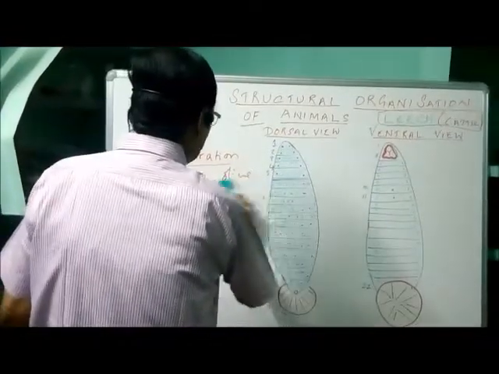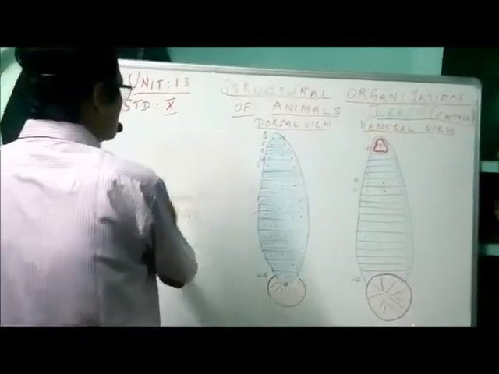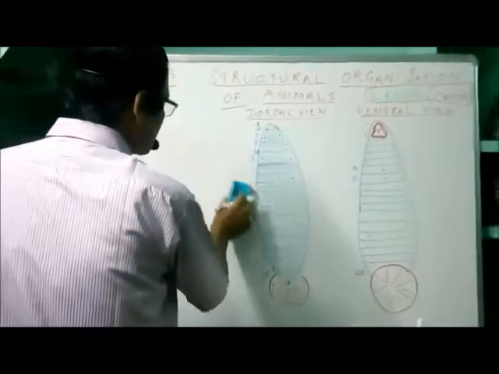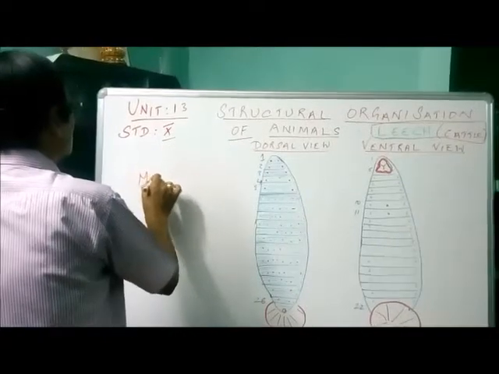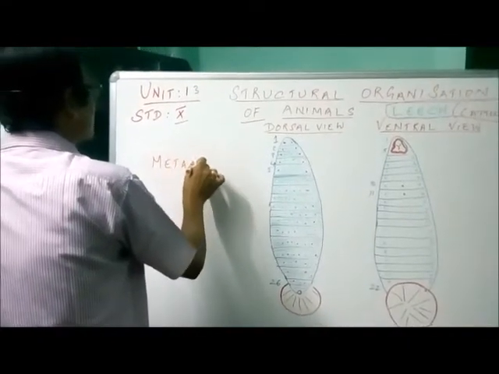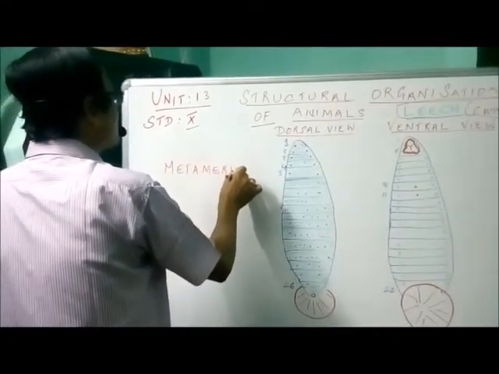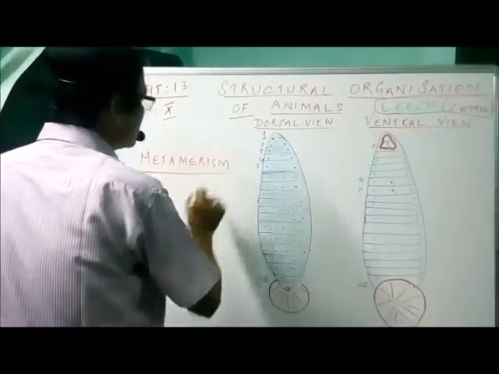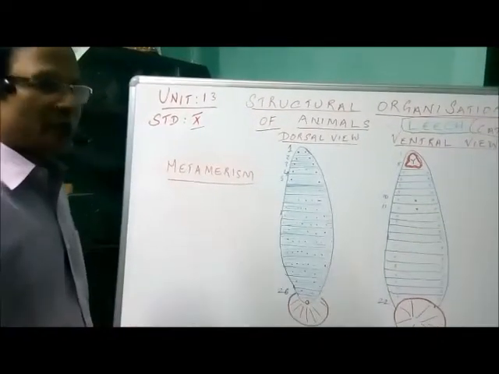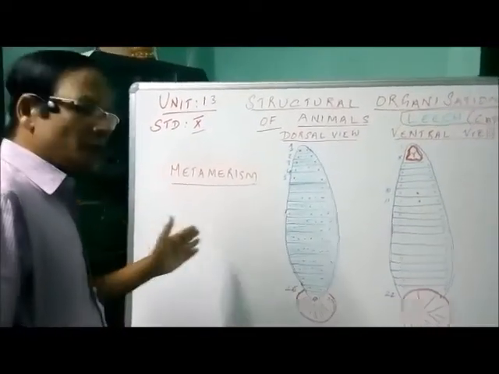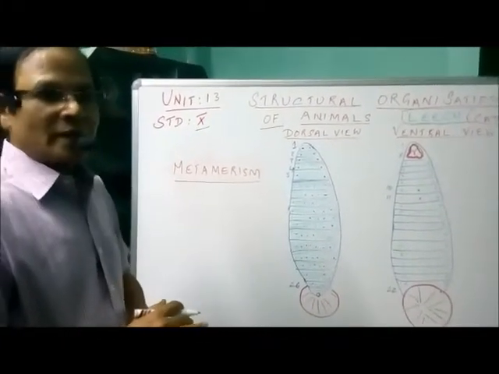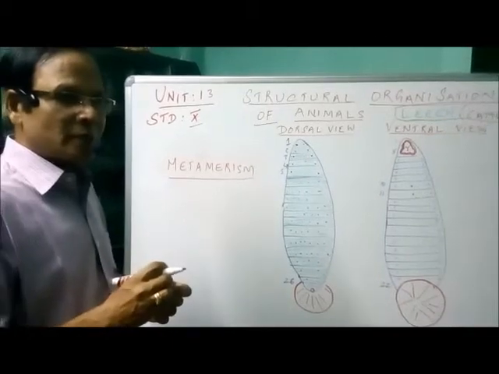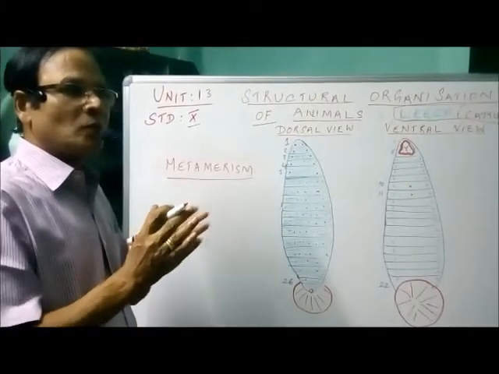Now about the segmentation. I mentioned already the body is divided into many segments by metamerism. The body is metamerically segmented. What's the meaning of metamerism? The linear division of the body into many segments. All the segments are alike, and each segment has a representative part of all the systems.